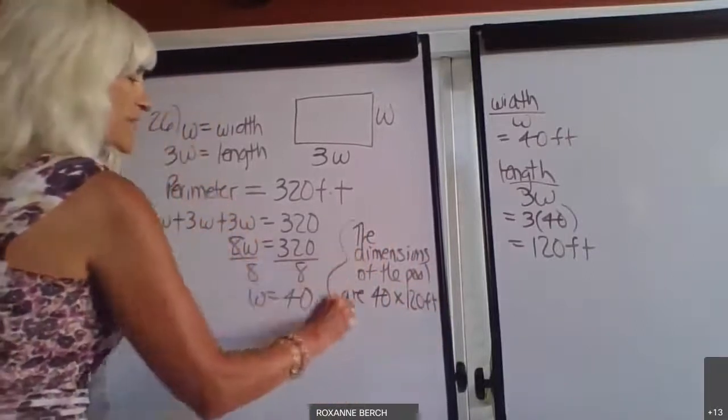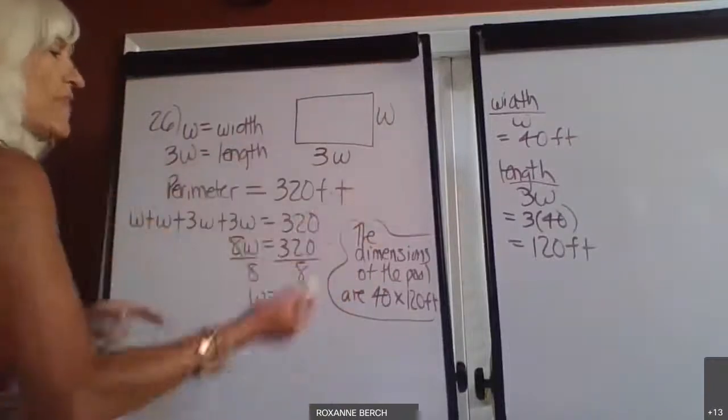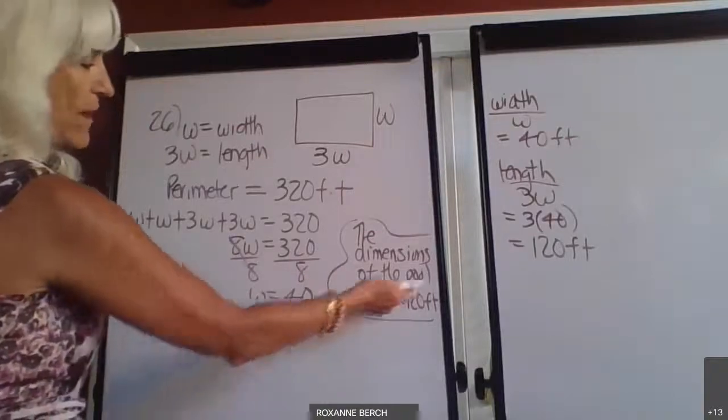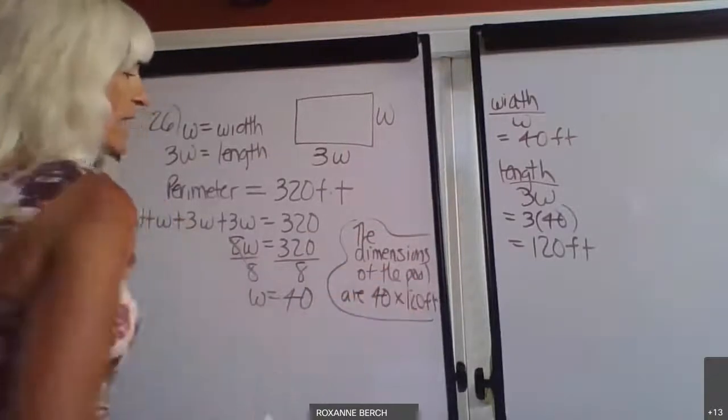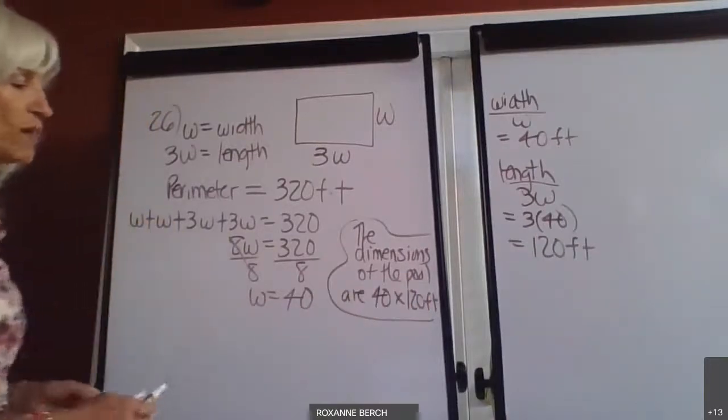You don't have to write it like that. You could say the width is 40 feet and the length is 120 feet, but this is another way to write it. A human being would understand that 40 is the width and 120 is the length.